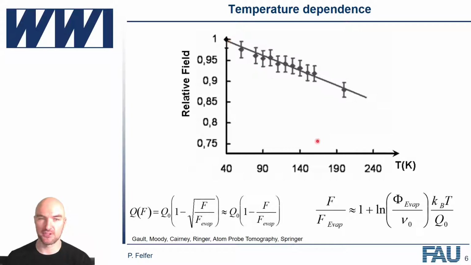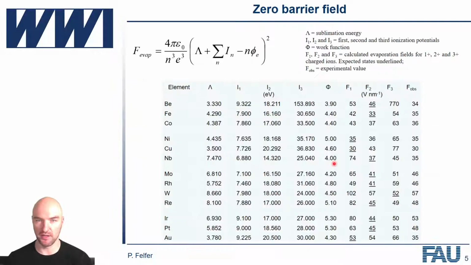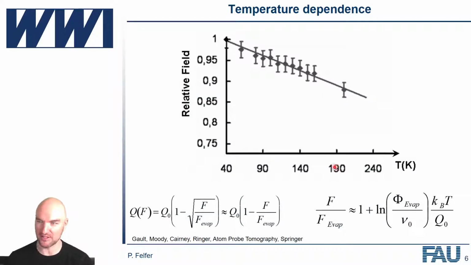Okay, and we get this change over temperature, and you can actually make a very simple assumption that close to the evaporation field, the change of the barrier can be approximated as linear. Just a linear approximation. You can use the full expression here as well, but you're not going to gain very much, just some mathematical pain.